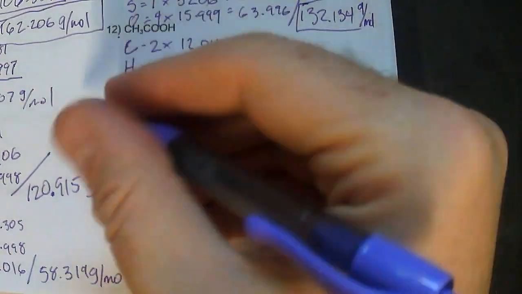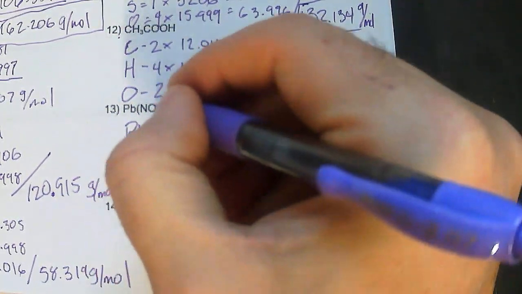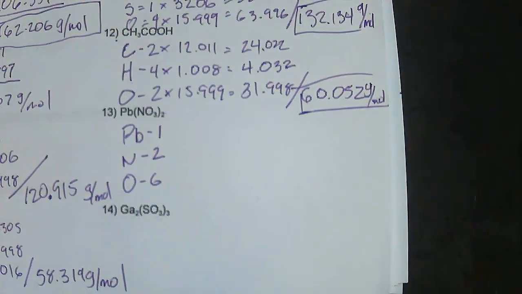Okay, 2 more. Okay, we have a Pb. There's 1 of them. We have an N we have to distribute, so there's 2 N's, and then O, there's 6 of them. Okay?